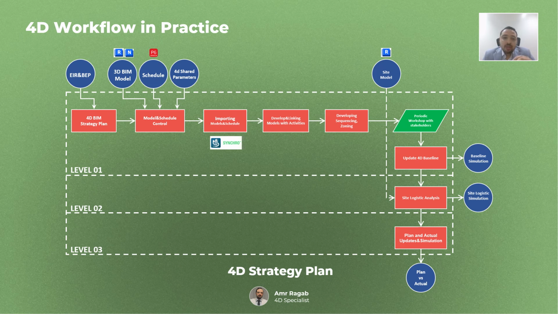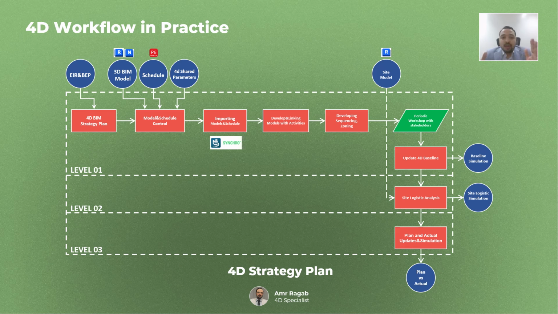Once construction starts, we begin updating the model with actual progress data. This allows a visual comparison, baseline versus actual, so you can instantly see which elements are completed, which are delayed, and which are pending. These visuals are great for progress reports and site coordination meetings.